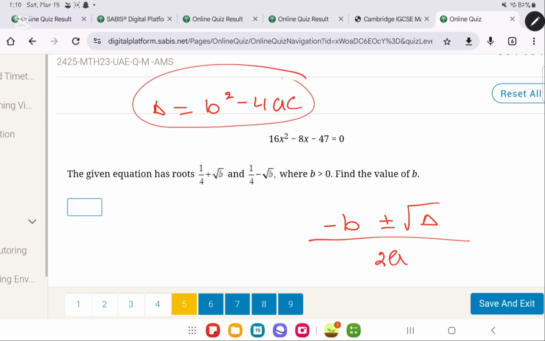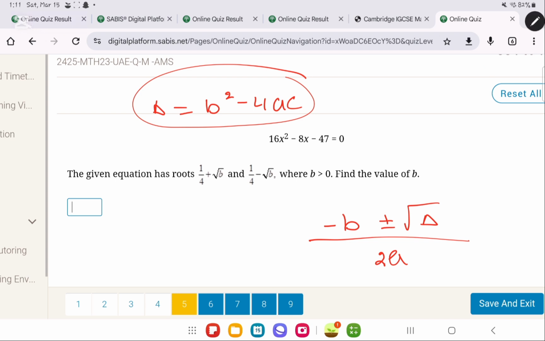So the first thing you need to memorize is delta or discriminant. It is equal to b squared minus 4ac. And the second thing is that the roots of any quadratic equation are minus b plus or minus radical discriminant over 2a.